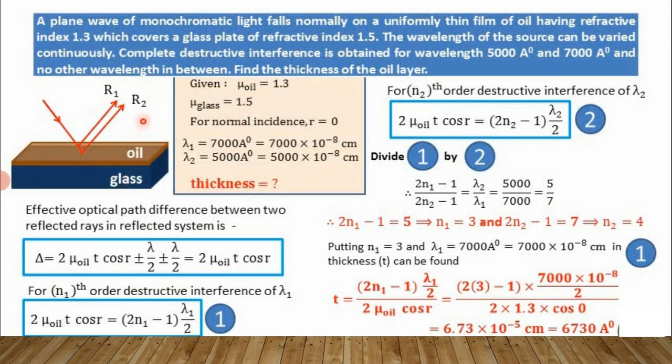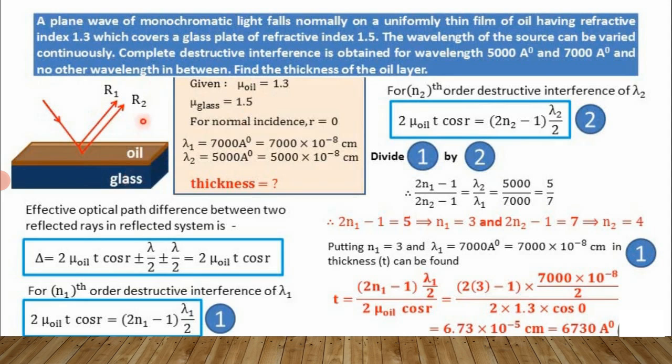For nth order destructive interference of lambda 1, 2 mu oil T cos r is equal to (2n1 minus 1) lambda 1 upon 2. This is the first equation. For second order, 2 mu oil T cos r is equal to (2n2 minus 1) lambda 2 upon 2. Divide equation 1 by 2.